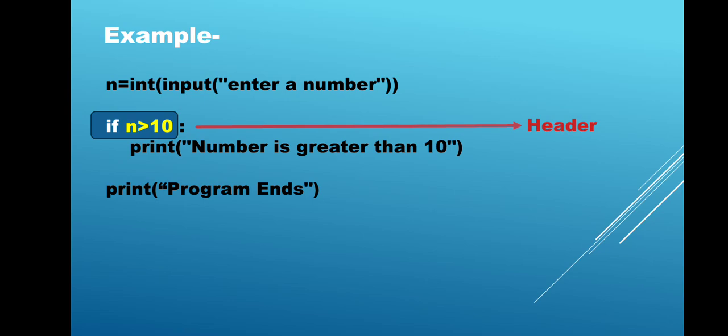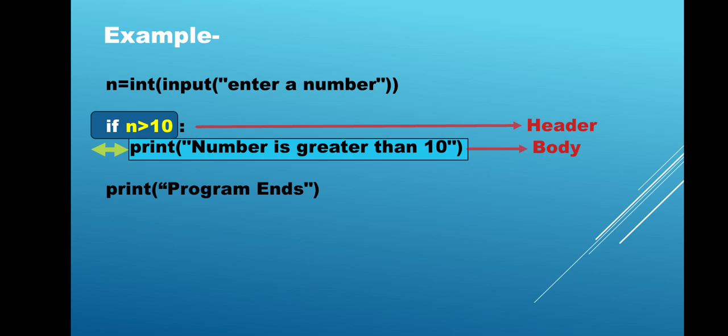After the condition, a colon is written to indicate the end of the header. The next line is the body of if statement. Here, the body of if is containing only one statement. The if body is slightly indented.